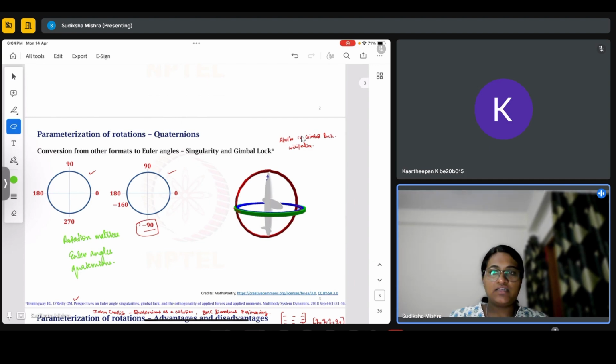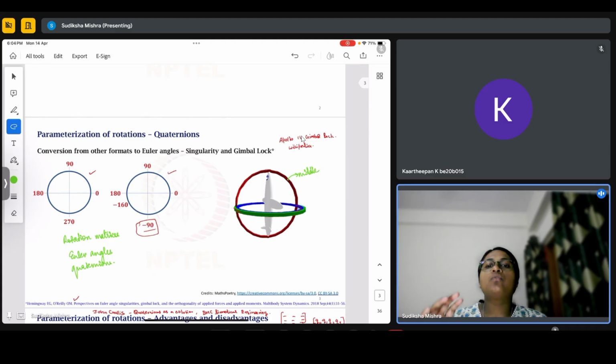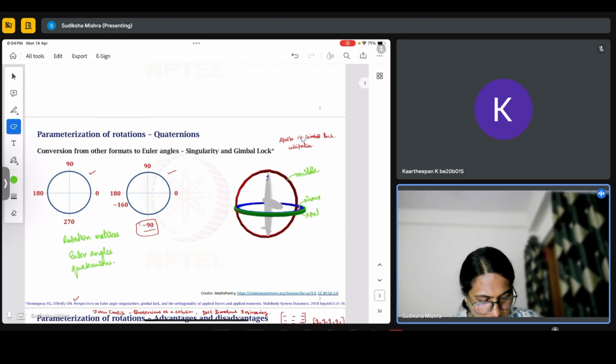The problem that is present in the case of Euler angles is this. This is the middlemost ring. If these three rings were to rotate in different ways so that they represent the axes that the object will have in the Cartesian coordinate system, this is the inner one and this is the outer one.